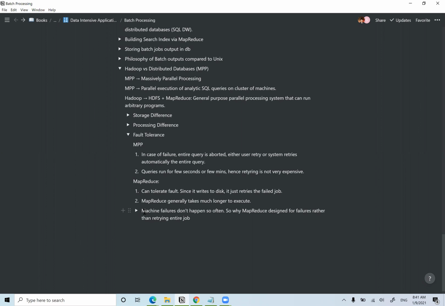Why was MapReduce built to be fault tolerant? In those rare situations where a machine fails, we could have just retried the entire job. Because machines don't fail so often, which is practically true, right? So what was the fundamental use case for which MapReduce was made fault tolerant?